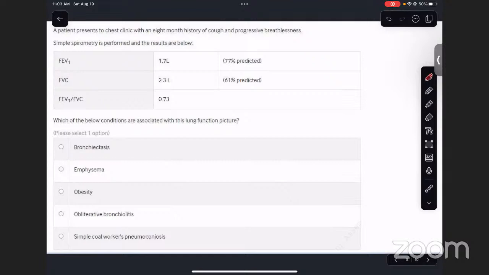Bronchiectasis is not associated with that. Emphysema will have a reduced FEV1/FVC ratio. Obesity may be the answer. Obliterative bronchiolitis and pneumoconiosis are associated with an altered FEV1/FVC ratio. So the answer is obesity. You need to note that in restrictive lung disease, obesity is one of the examples.